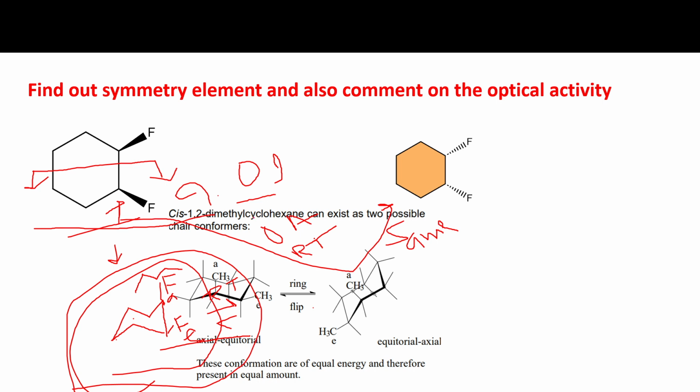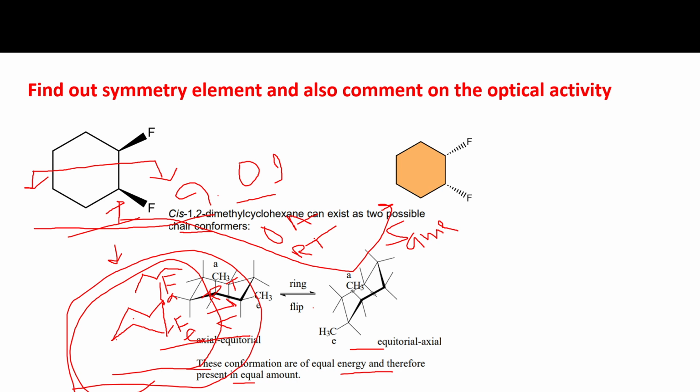So cis 1,2 dimethyl cyclohexane can exist in two possible chair conformations like this way. In the axial and the equatorial position, these conformations have equal energy and are therefore present in equal amounts. And this is a pair of conformations. This cannot be resolved because of rapid interconversion; cis 1,2 dimethyl cyclohexane is an achiral compound.